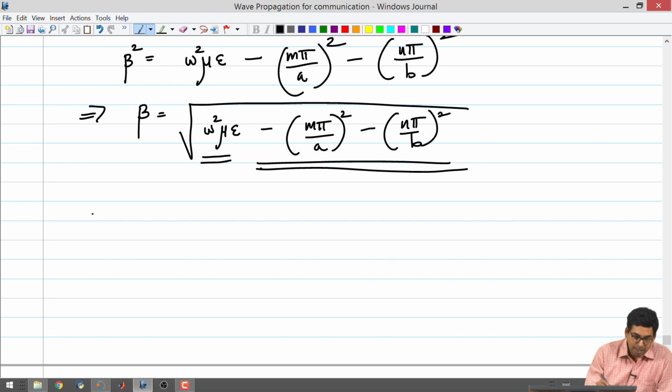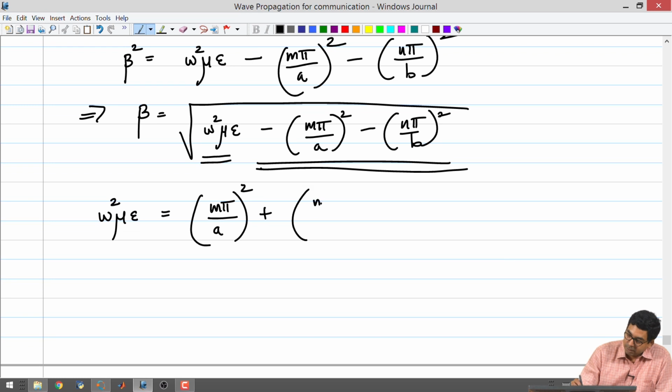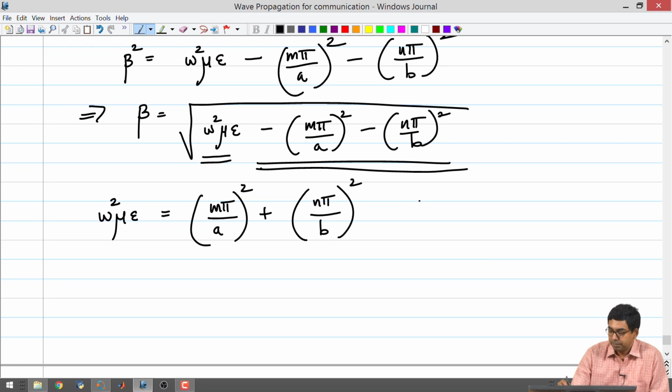So, this means that I can write down omega square mu epsilon is the worst case. Now, this gives me something related to omega square.